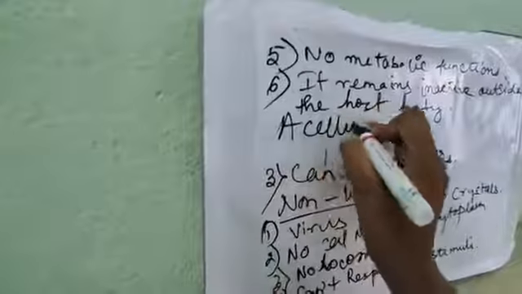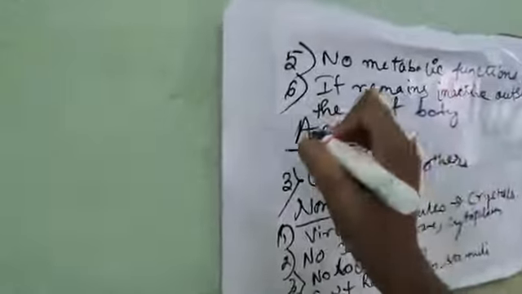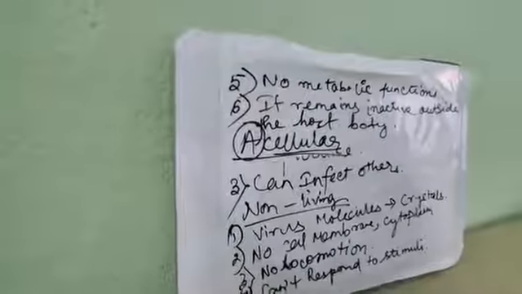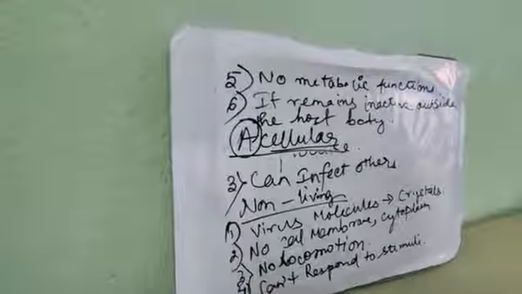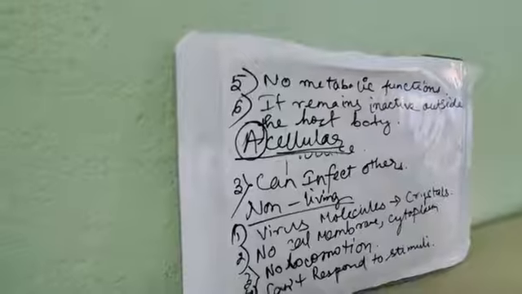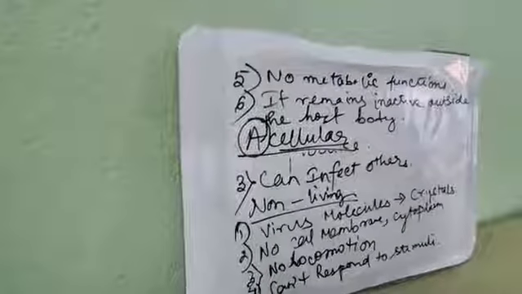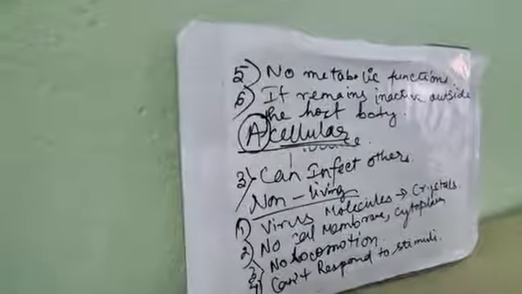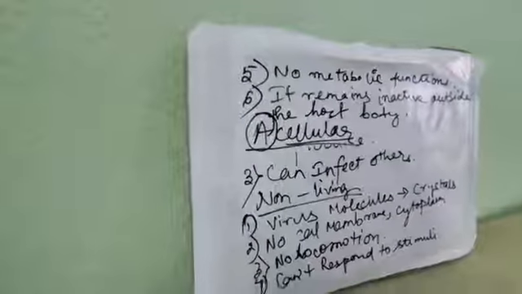Now sometimes virus is termed acellular. What is acellular? A means absence, that means absence of the cellular level. Why is it called so? Because it has no power to grow and work independently. Number B, for different functions of the cell a minimum space of 500 nanometer diameter is necessary, but viruses have no such shape and size.